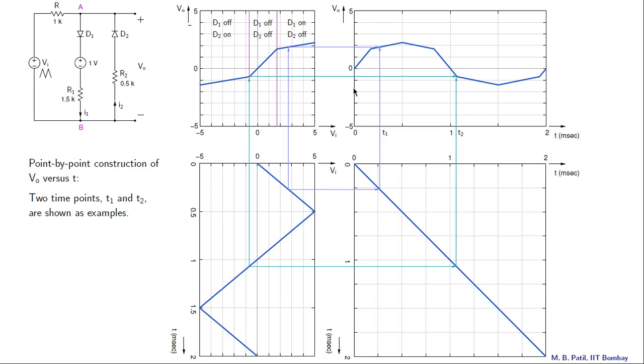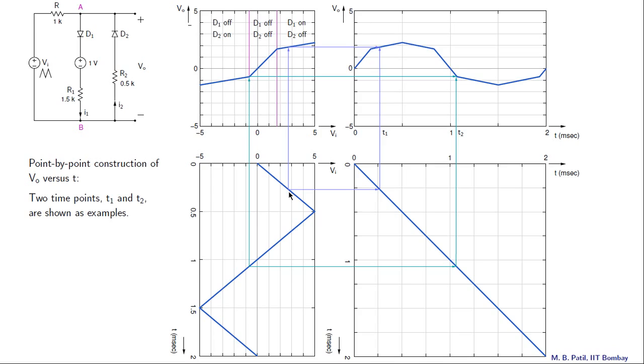This is our Vo axis, and that is our time axis for the Vo of t graph, and we are looking for this point over here, which we find by this construction here. And at this point we have t equal to t1 and Vo equal to Vo1, and that corresponds to this point on the input graph.